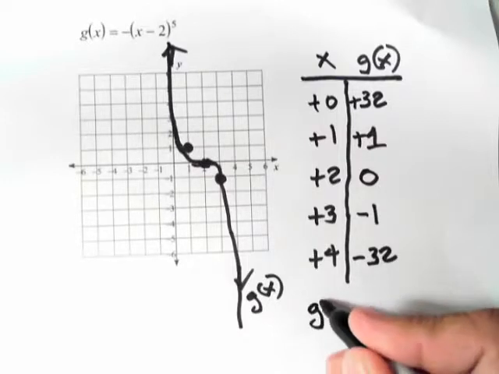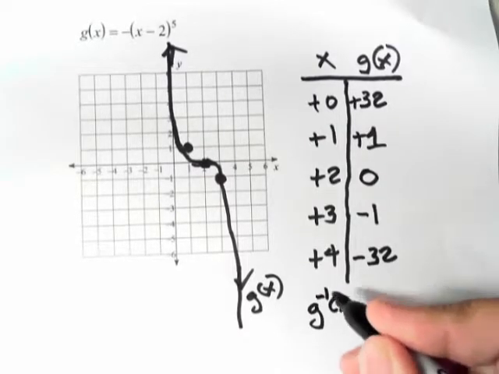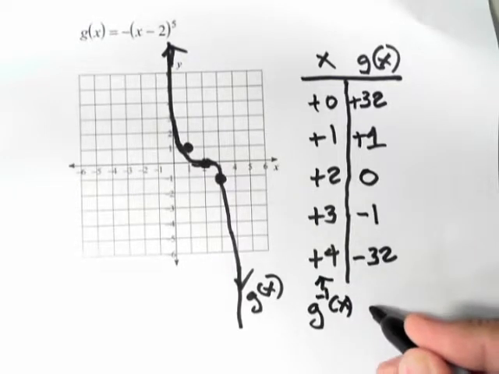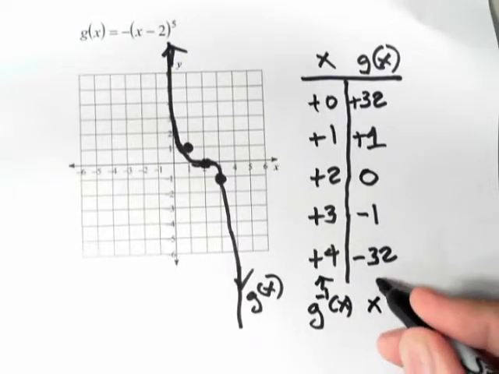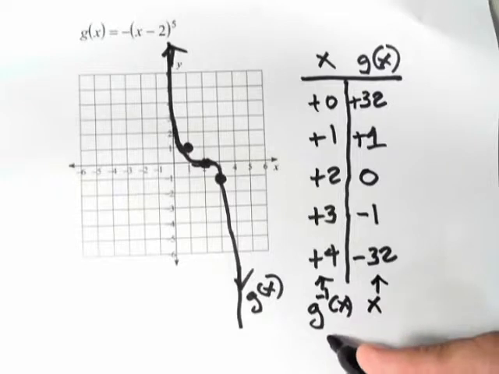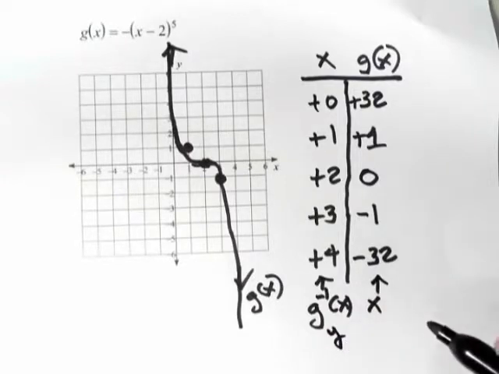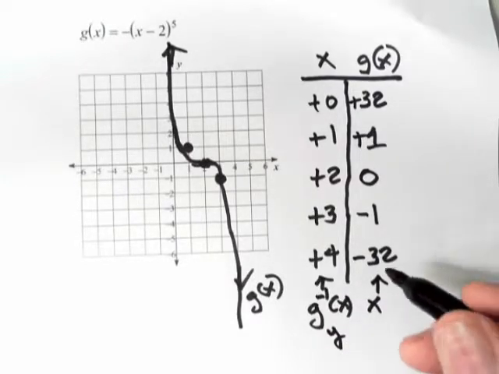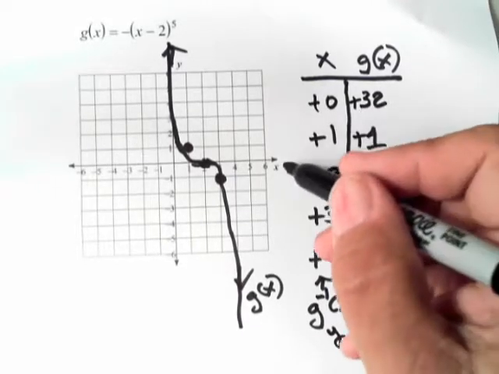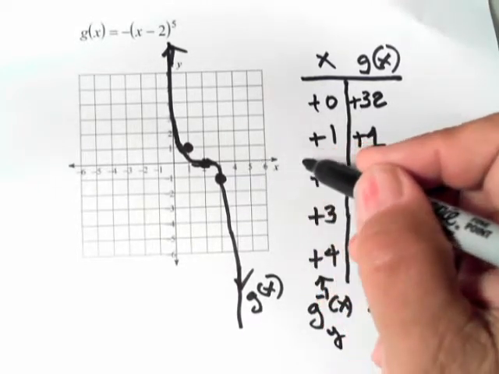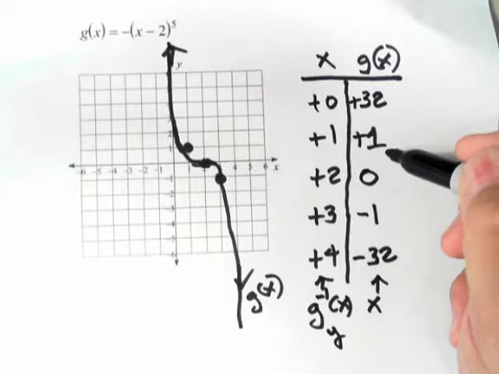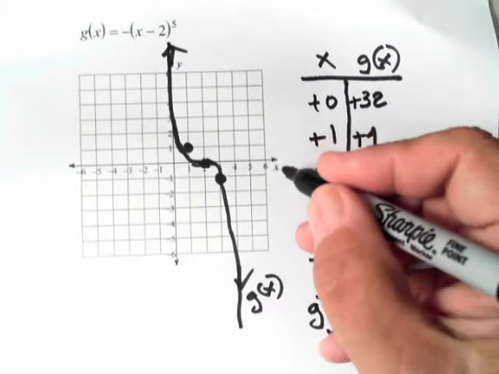This is going to be g negative 1 of x. Remember, we interchanged the roles here, and this is the x here. The g negative 1 of x, of course, is just our old y. So, let's see how we do here. At x equals 32, which is way over to the right, y equals 0.